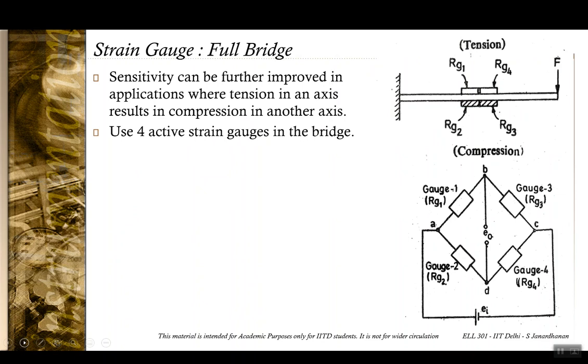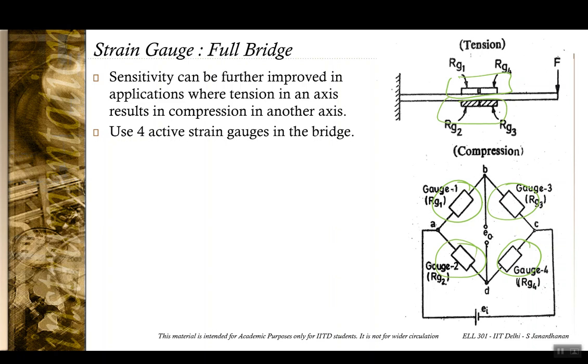Now when you can make two of the arms of the Wheatstone bridge active gauges, why not make all four of them active gauges? So now in this case you have all four arms being active gauges, with RG1 and RG4 being together in tension or compression, and RG3 and RG2 again being together.